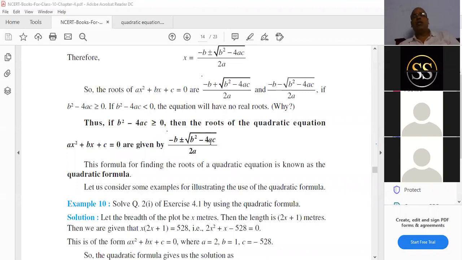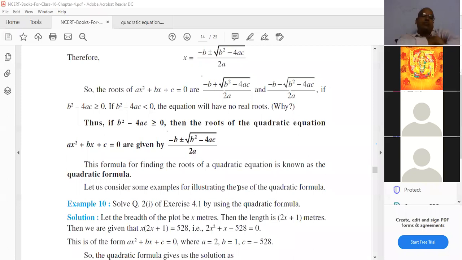Understand the quadratic formula? Tell me anyone, what is the quadratic formula? Minus b plus or minus root b square minus 4ac by 2a.